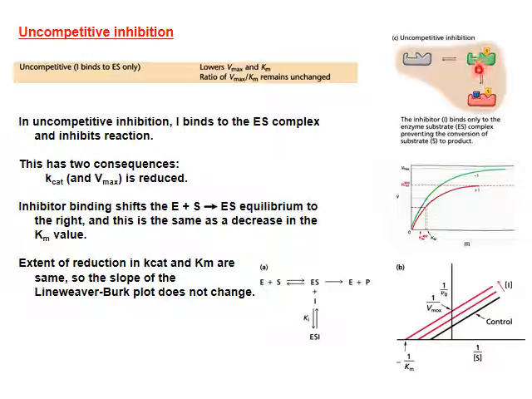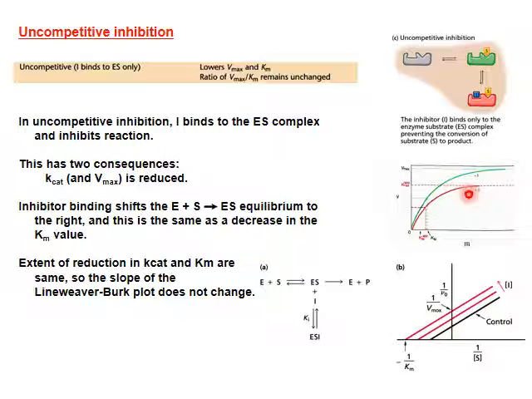So having more ES form isn't necessarily going to help you because I can always bind ES. So you're always going to have some part of the ES complex in the ESI form, so you can never hit Vmax. So you end up with a new Vmax based on how much inhibitor you have and how well it binds to the ES form. So it's kind of hard to tell from these plots if it's uncompetitive or competitive.